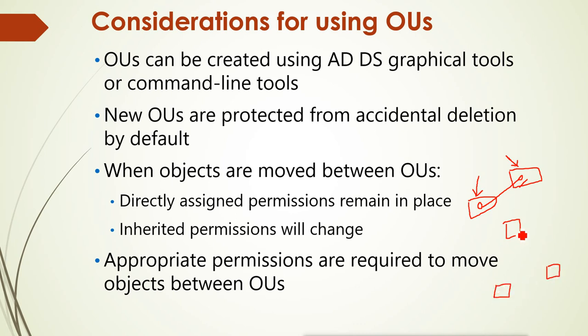Now the administrator is sitting in Delhi, so he can manage Delhi's OU. But for managing the OU from Mumbai or Pune or Chennai, he is not able to go there. So what can he do? He can delegate the permission to some user who can be around that place, and they can manage the OU from there. So the administrator can delegate the permission on OUs to different users also, and that user can manage that particular OU.